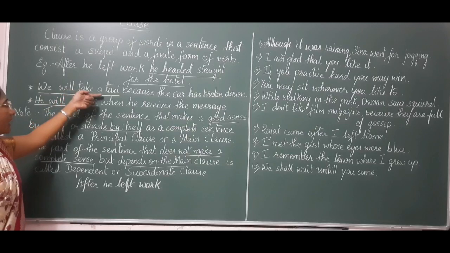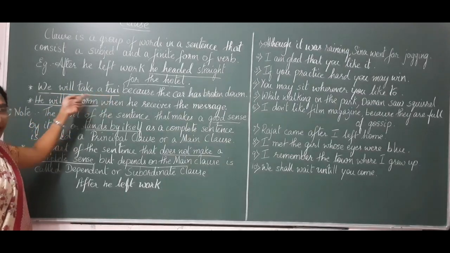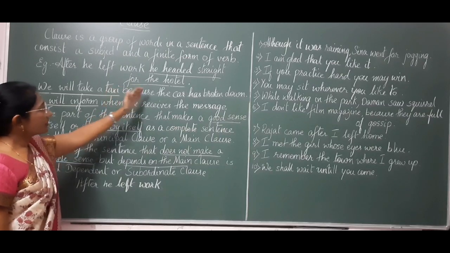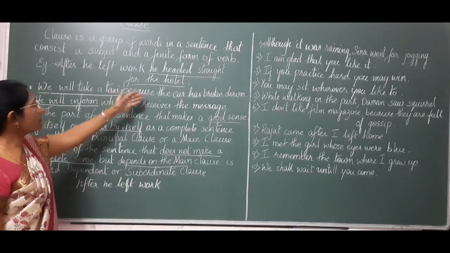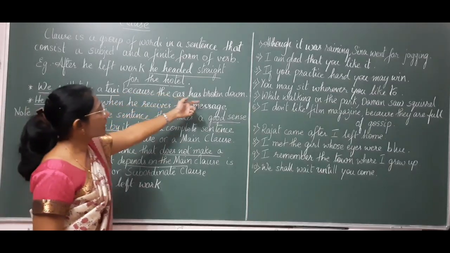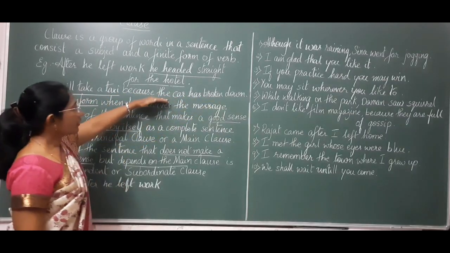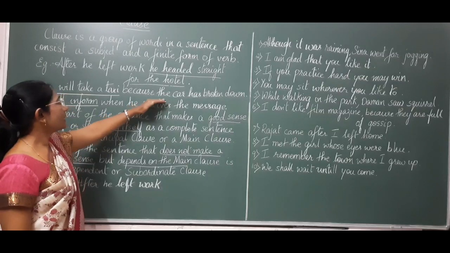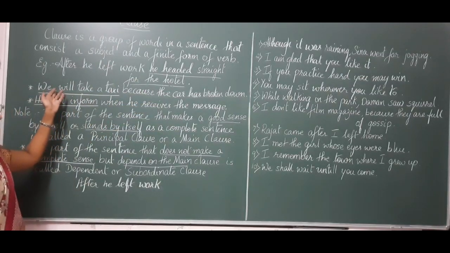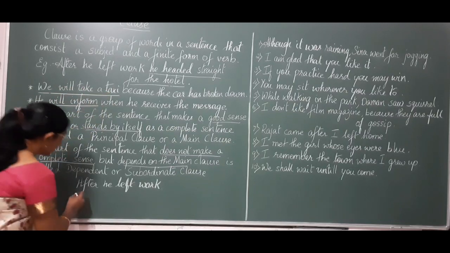We will take a taxi is a main clause. The rest of the sentence, because the car has broken down, becomes a subordinate clause. It cannot stand by itself. It depends on the main clause of the same sentence. So I rewrite the subordinate clause.